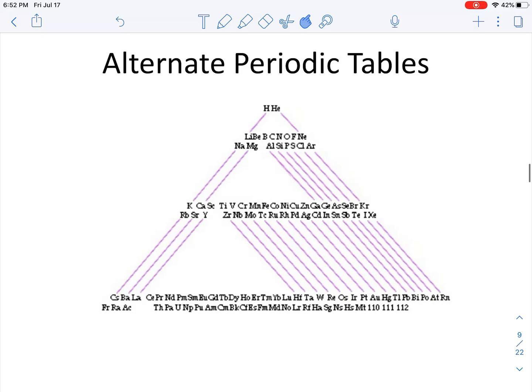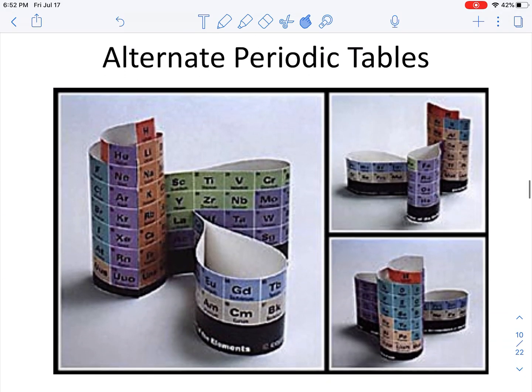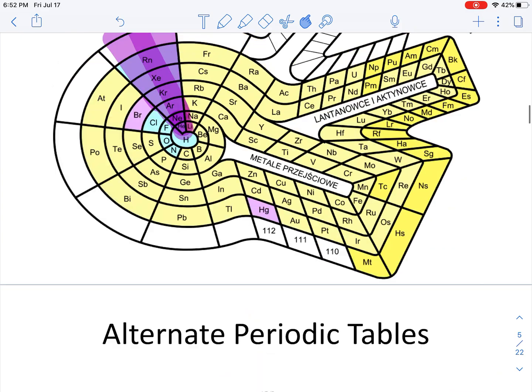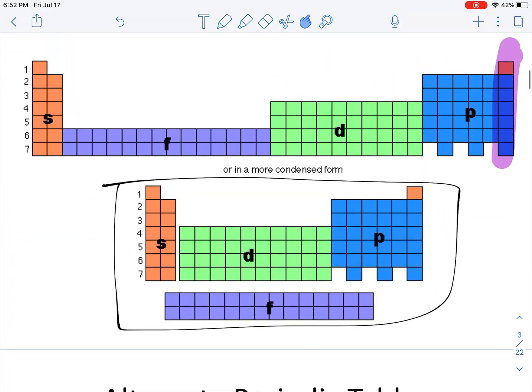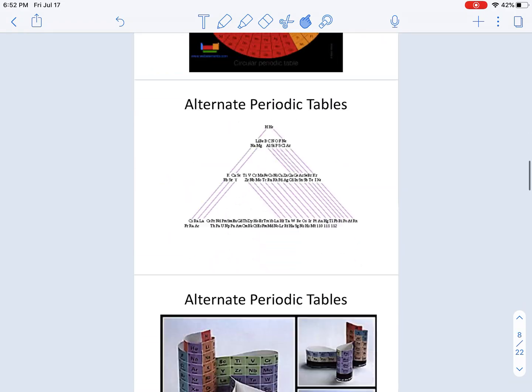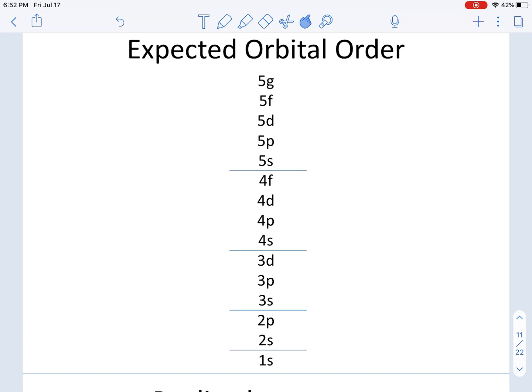There's one that is a circular kind of periodic table. There's a pyramid scheme one, and so forth and so on. There's a three-dimensional one that you could make. So there's all sorts of different types of periodic tables, but the reality is you're probably just going to see 99% of the time this traditional one that looks like this. But just know that there are other ways of imagining these.